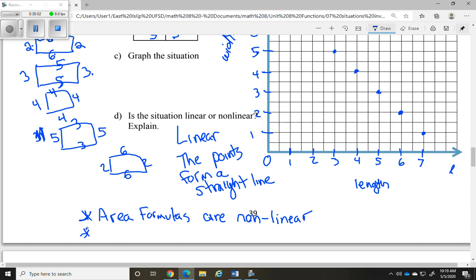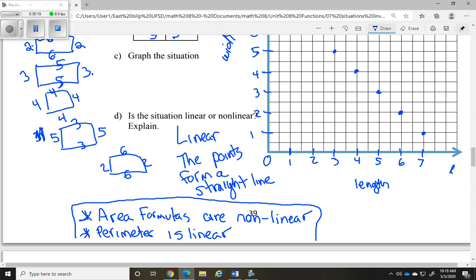Perimeter formulas are always linear. And that is true. So you could keep this in mind for when you're doing your homework and for when you have a future test or quiz.